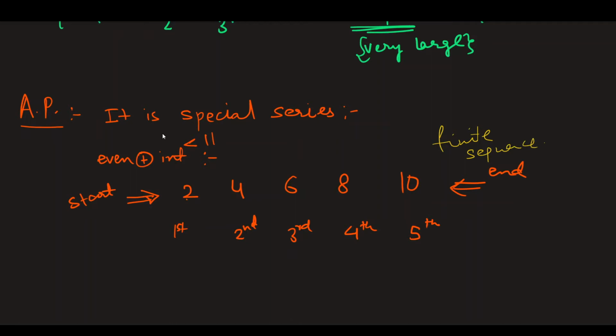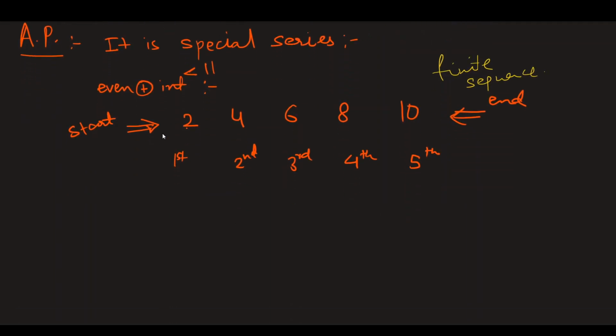So we are curious in this sequence, what is the difference between the second term and first term, and third term and second term, and fourth and fifth. What is the meaning of consecutive? We are taking here consecutive difference. Consecutive means the next one, the next appearing one.